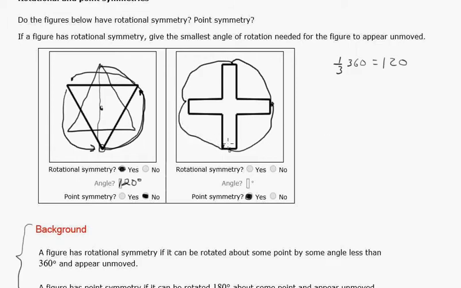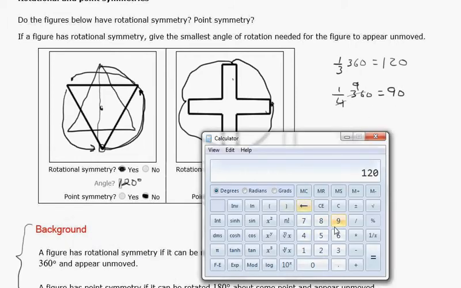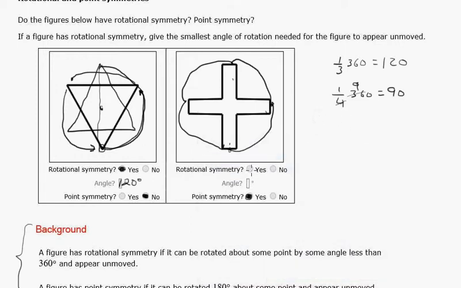That's 1, 2, 3, 4, so just 1/4 of 360. 360 divided by 4 is 90 degrees. So yes, 90 degrees.